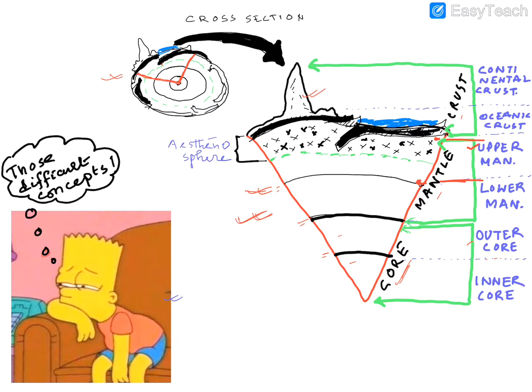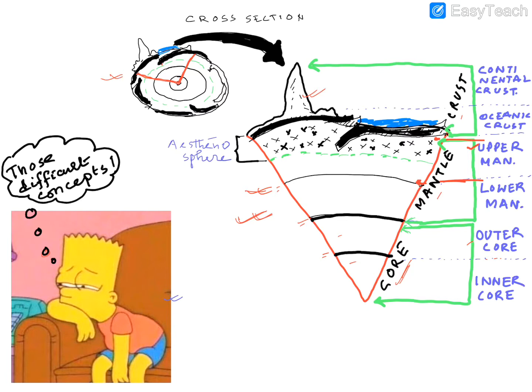This plate is subducting below, this is floating above. This plate is floating above, this is subducting below. So there are many plates. Some of the plates are subducting below the other plates and some of the plates are floating above. Simple concept. I have said nothing new. You might ask why is it so? The simplest answer will be the lighter plates will float above, the denser plate will subduct.